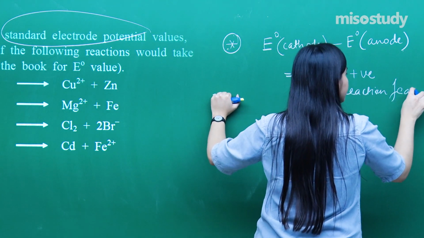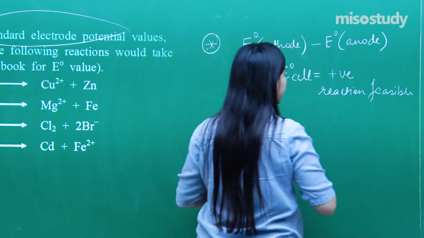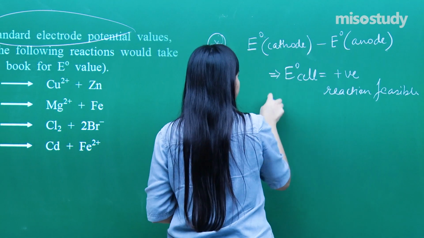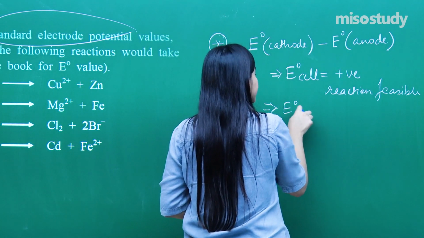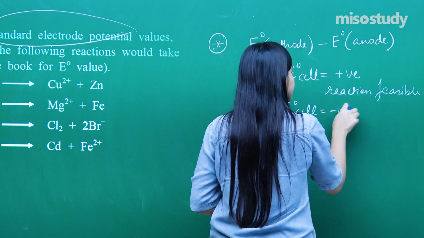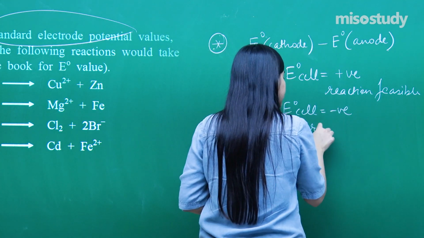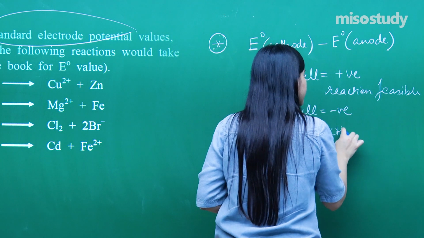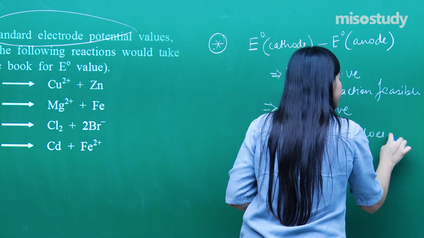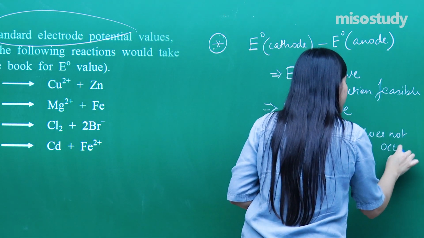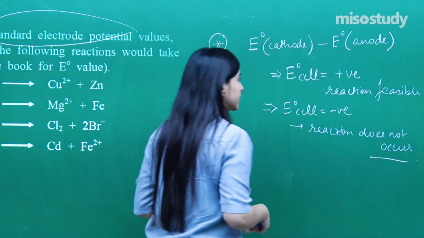Reaction is feasible. If E naught of the cell is negative, that means the reaction does not occur. Clear? And that is what you have to do.